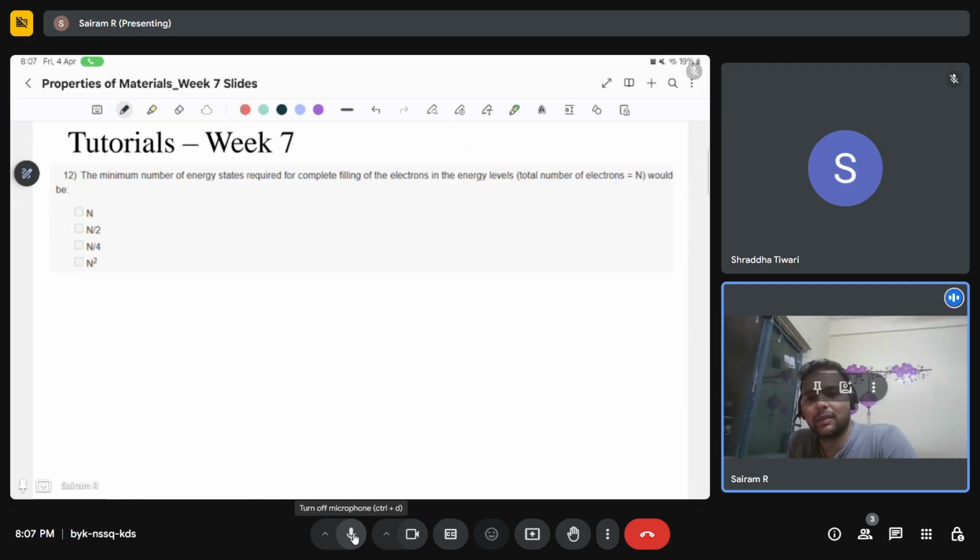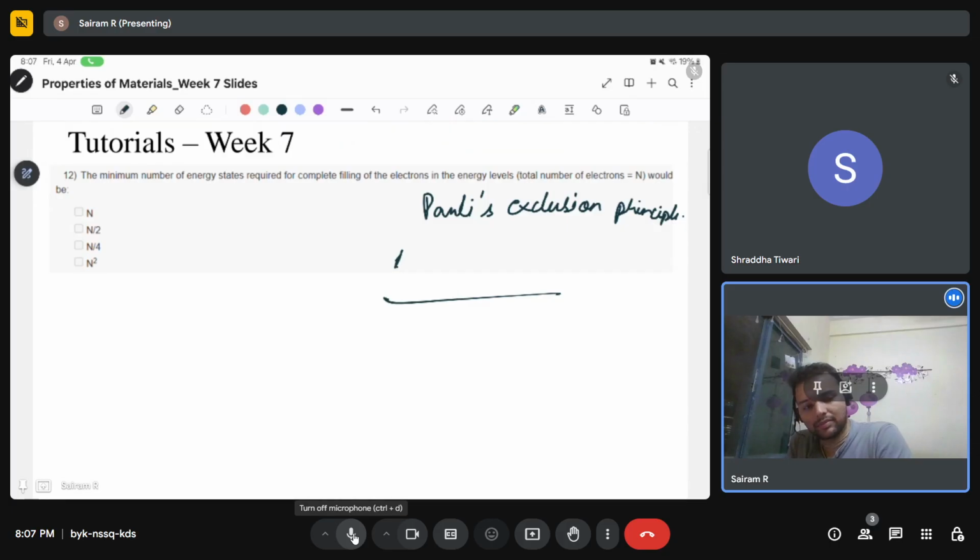The next question is the minimum number of energy states required for complete filling of the electrons in the energy levels. Again, we have to follow the Pauli's exclusion principle, which basically tells us that every energy state should be filled first before we go on to the next state.